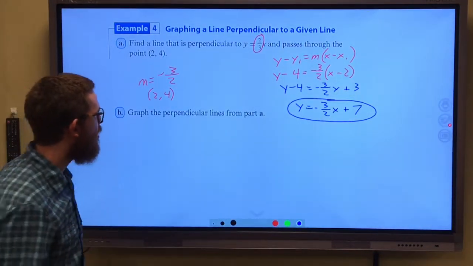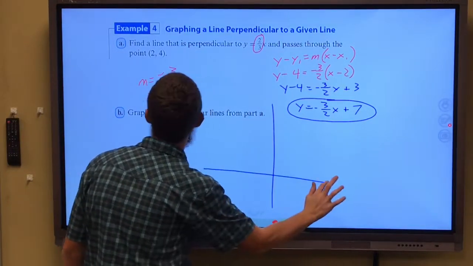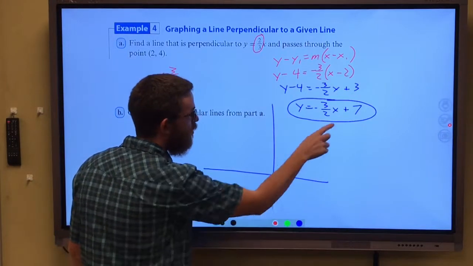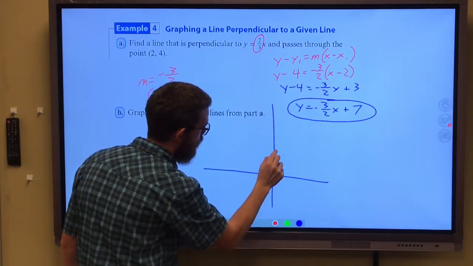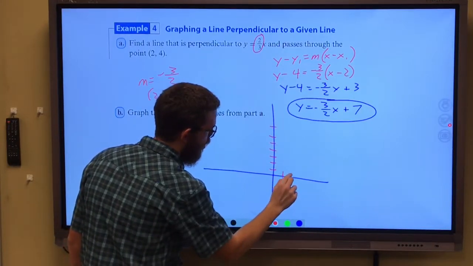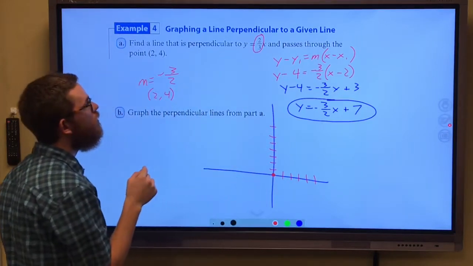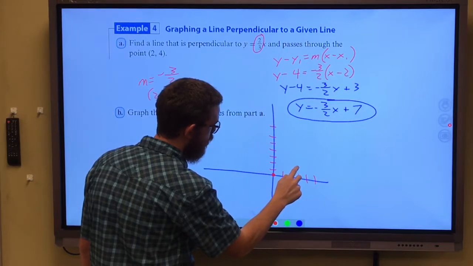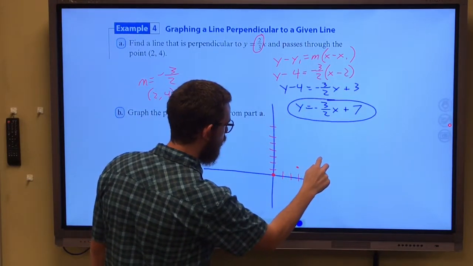Once again, I want to graph these things. I'll try to give myself plenty of room here. My original one has a y-intercept at 0, and the slope is 2/3, up 2 over 3, up 2 over 3.